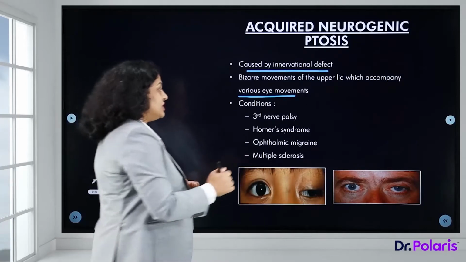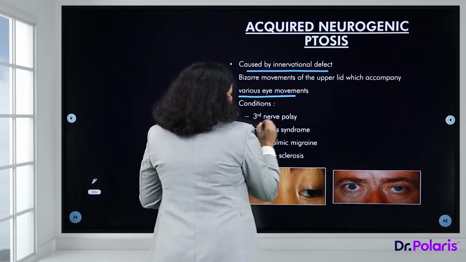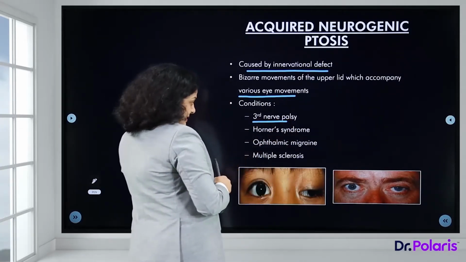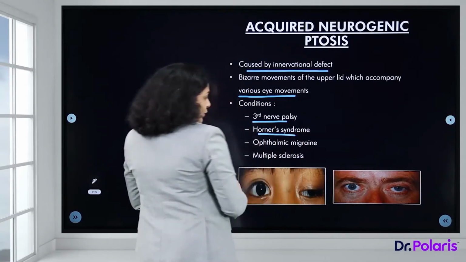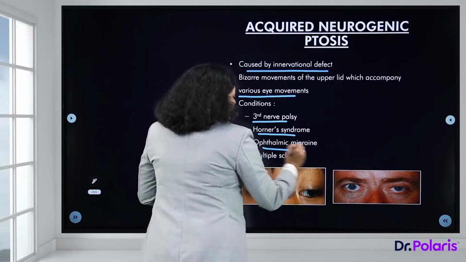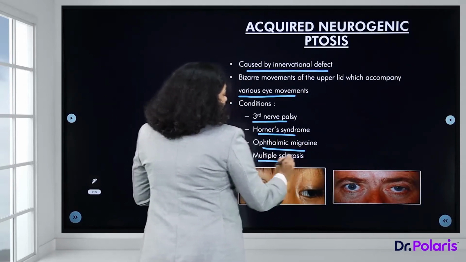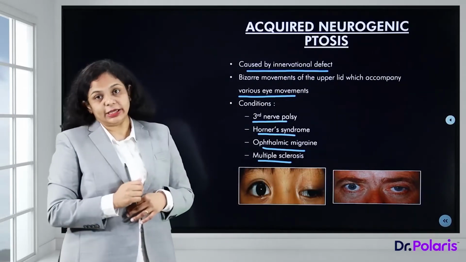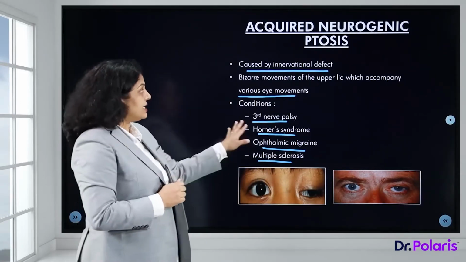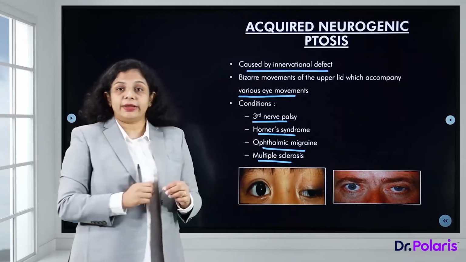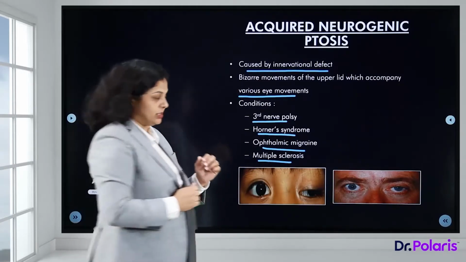Usually the conditions where you see this are either a third nerve palsy, a Horner syndrome, in cases of ophthalmic migraine, and in multiple sclerosis. So these are all conditions where you can get an acquired neurogenic ptosis.